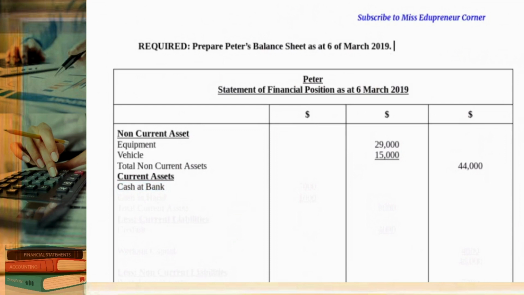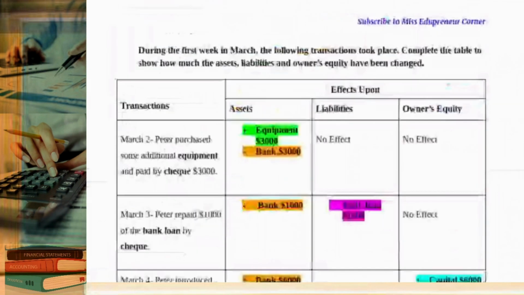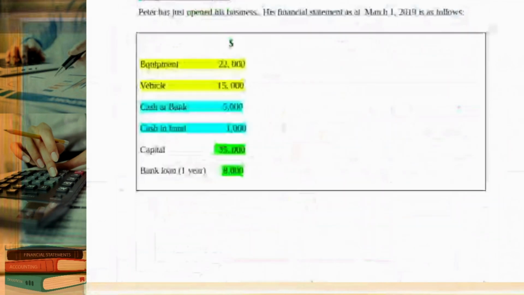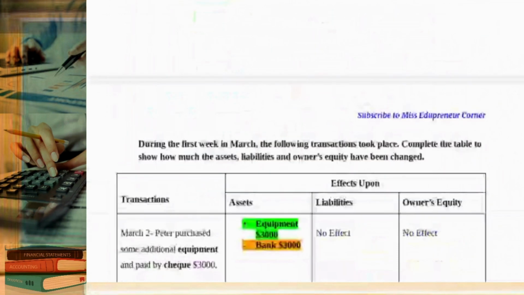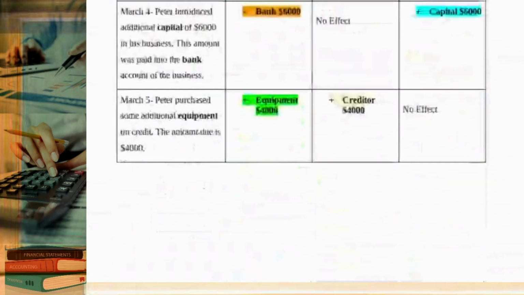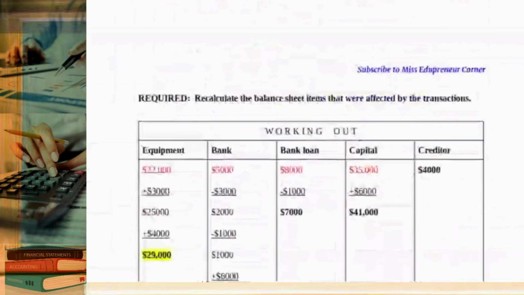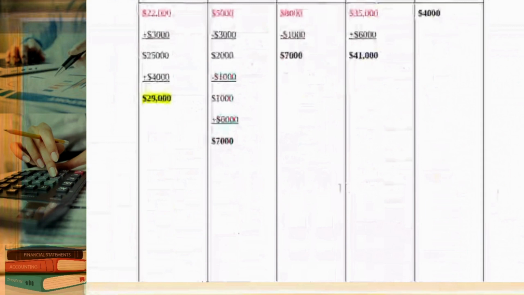So again, we have two figures for cash at bank. We had an old one in the old balance sheet, which was $5,000. And after the effects, we would have calculated a new figure for bank. And the new figure is the one that we're going to use. So we're going to use $7,000.